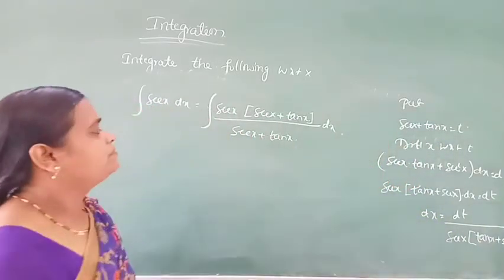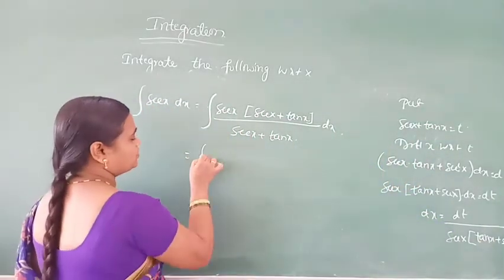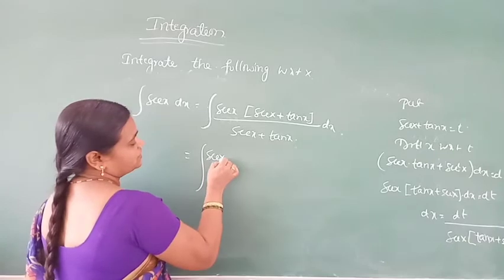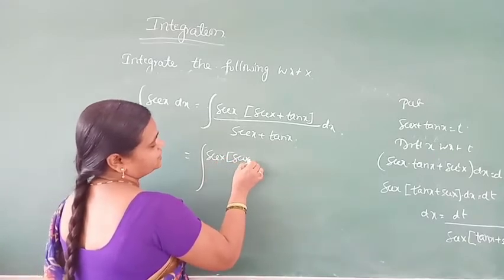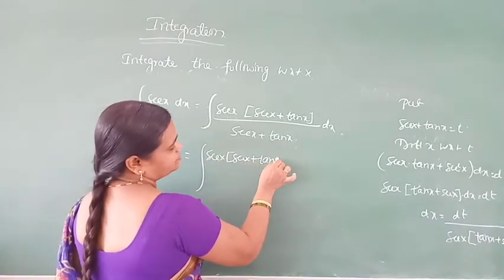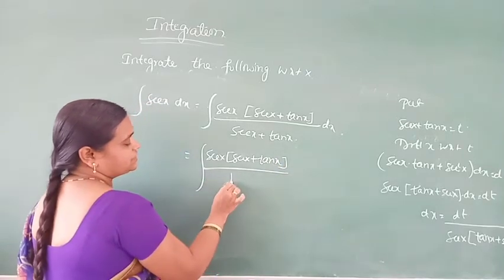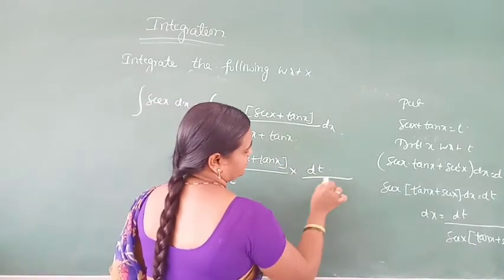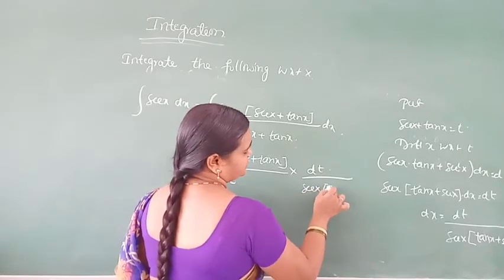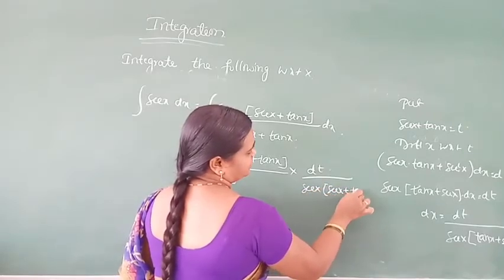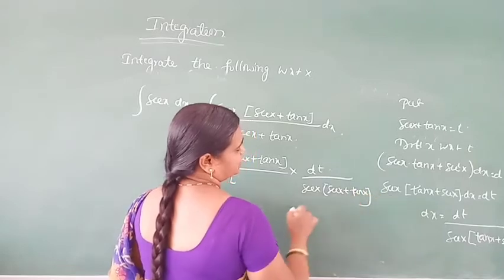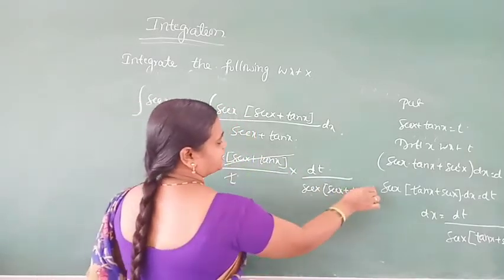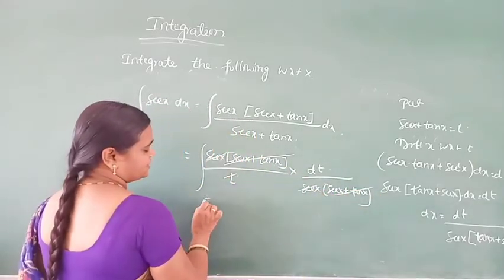Okay, means we will get it in the form of integration of sec x plus tan x. Sec x plus tan x is t, dx is dt by sec x plus tan x. Okay, sec x plus tan x, sec x plus tan x, sec x gets cancelled.